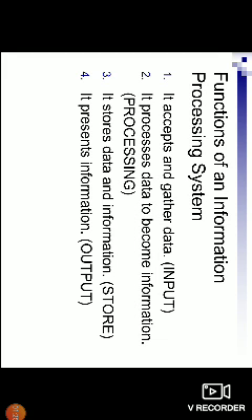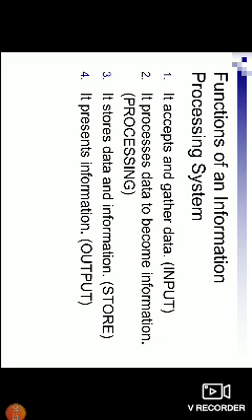So functions of an information processing system. First, it accepts and gathers data, that is input. It processes the data to become information, that is processing. It stores data and information, that is store. It presents information, that is output. These are the functions of an information processing system, that is the computer.